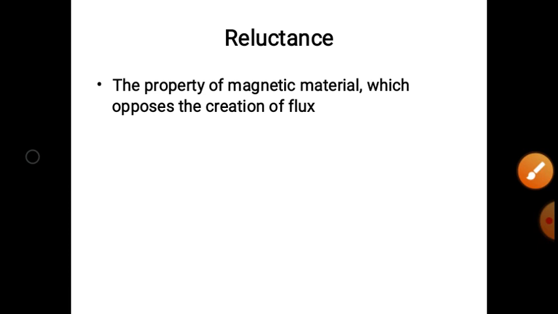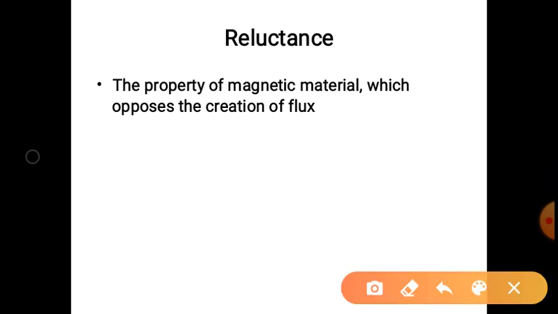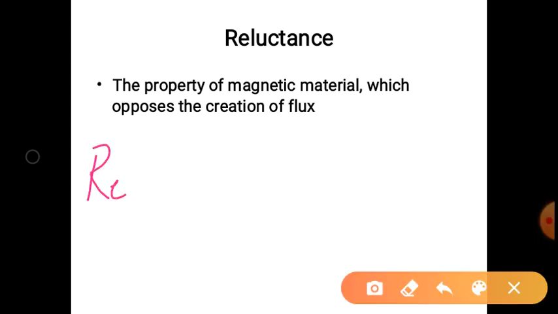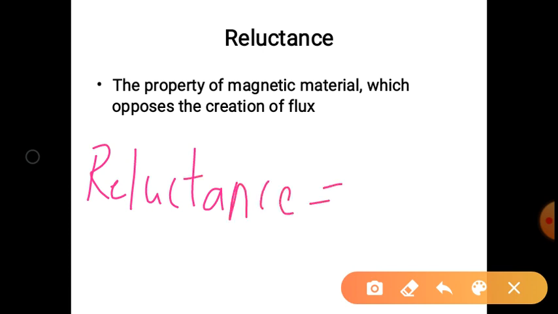It is reluctance. The property of magnetic material which opposes the creation of flux is called reluctance. So it is similar to the resistance in case of electrical circuits. So the reluctance is given as mmf divided by magnetic flux.